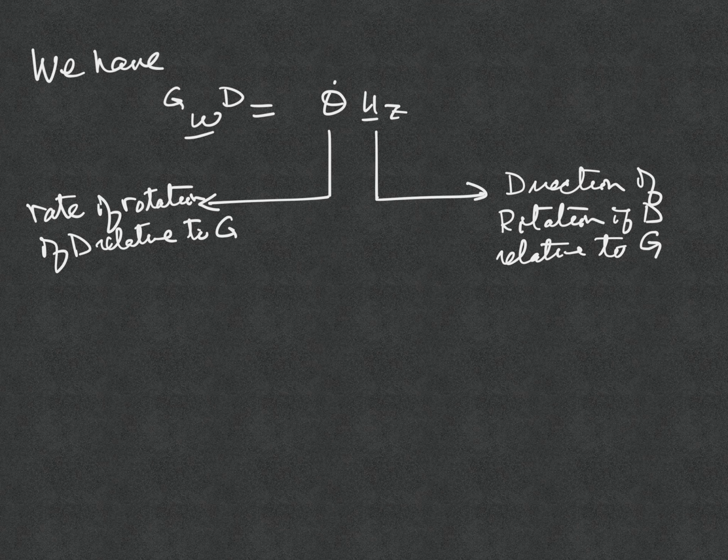So if you curl your fingers in the direction of the rotation, your thumb will point in the direction of the axis of rotation, and that axis of rotation is UZ. So now we have everything we need to apply the transport theorem.